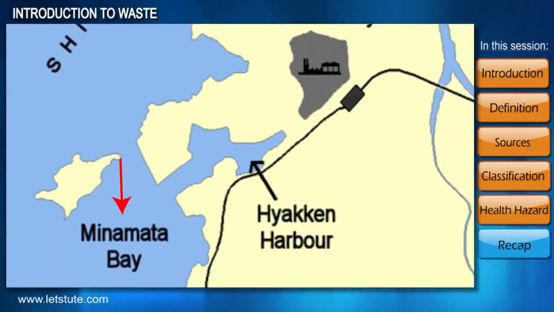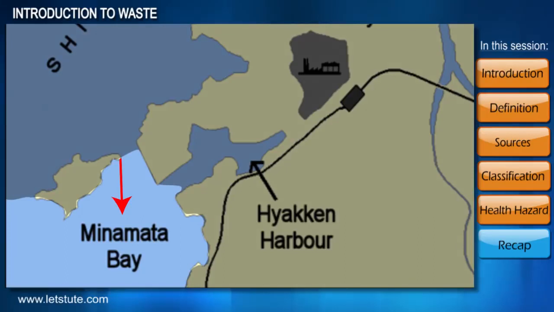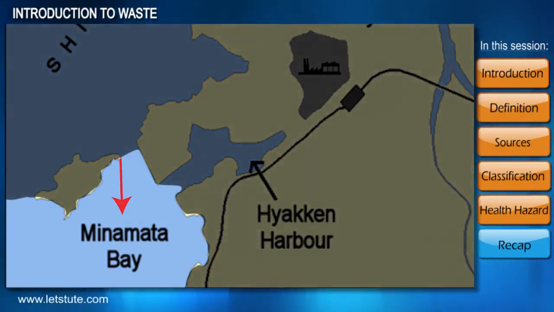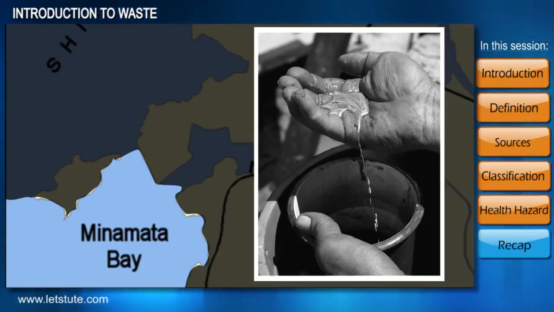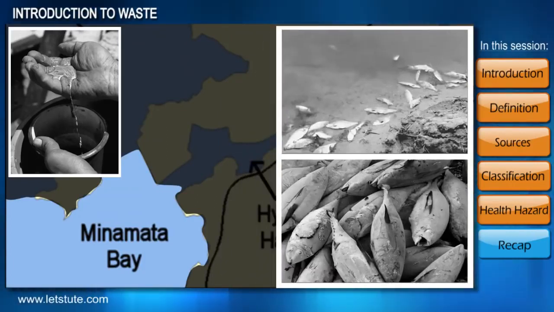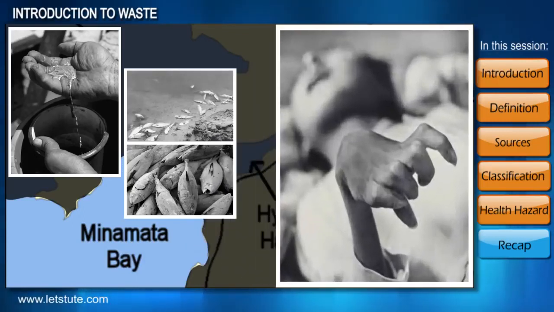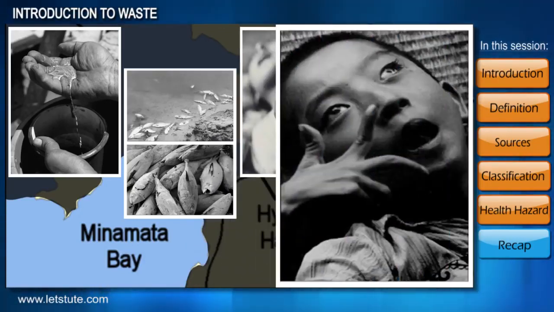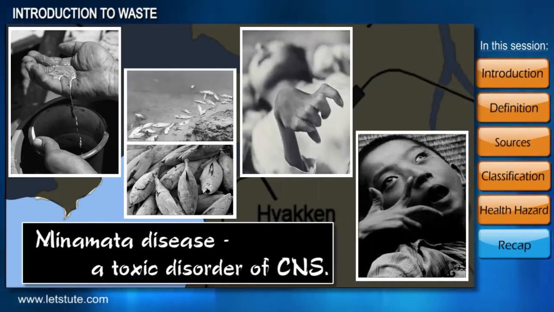The Minamata Bay in that city was highly polluted with the wastewater released from the fertilizer plant, which contained excessive amounts of mercury. The highly toxic compound bioaccumulated in fish and shellfish in the bay, which were eaten by the people living around the bay, which gave rise to Minamata disease. It is a toxic disorder of the central nervous system.